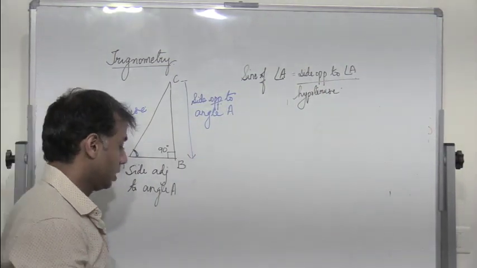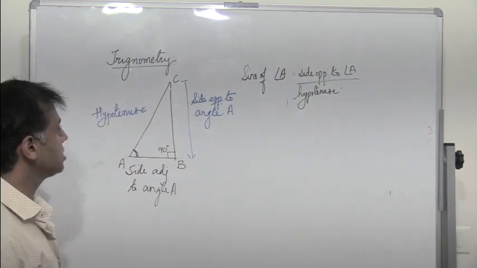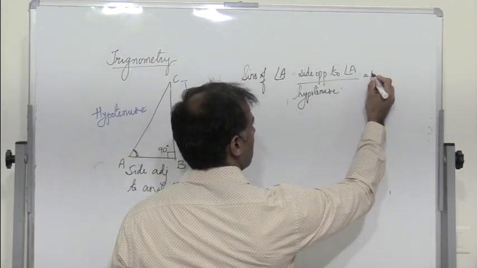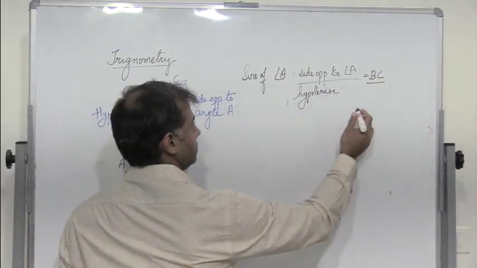What is the side opposite to angle A? It is BC, divided by the hypotenuse, which is AC.